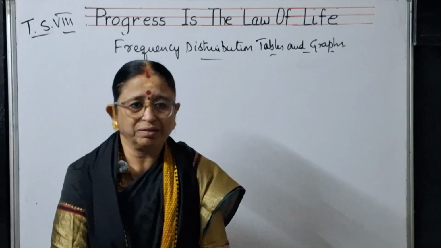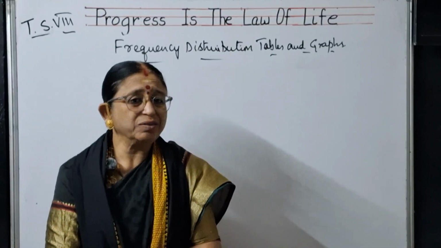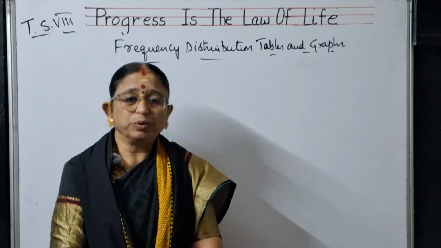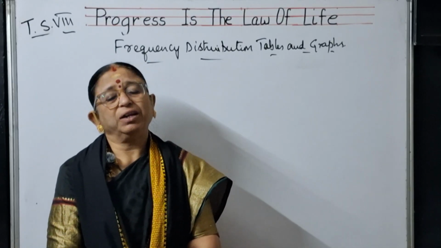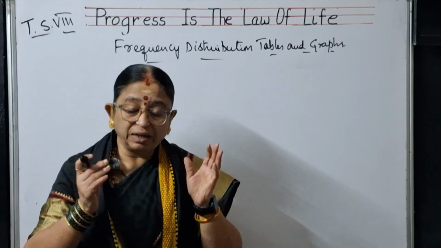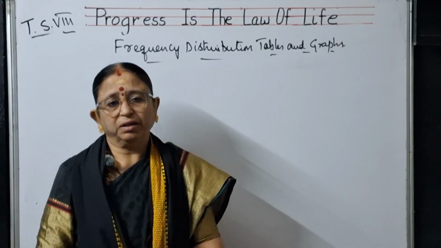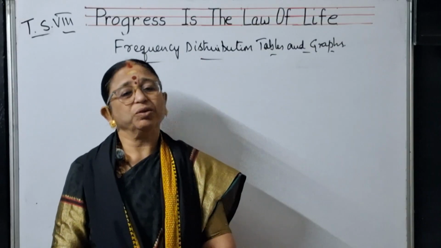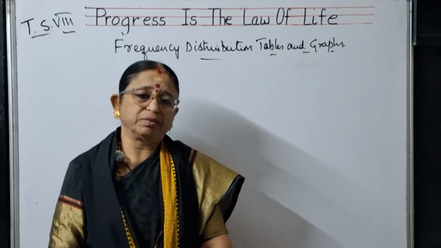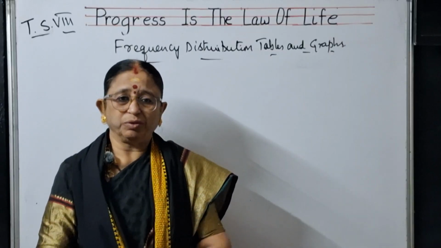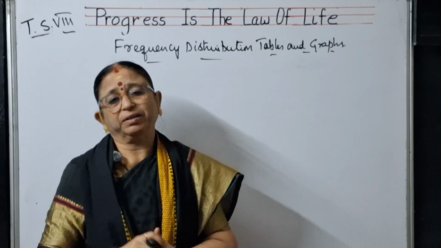What is this frequency? This frequency is something which you are going to get after analyzing a particular data, means after identifying a particular data. For example, a student has got certain marks in all the subjects, then that can be written in the form of a table: so and so subject, so many marks, like that.